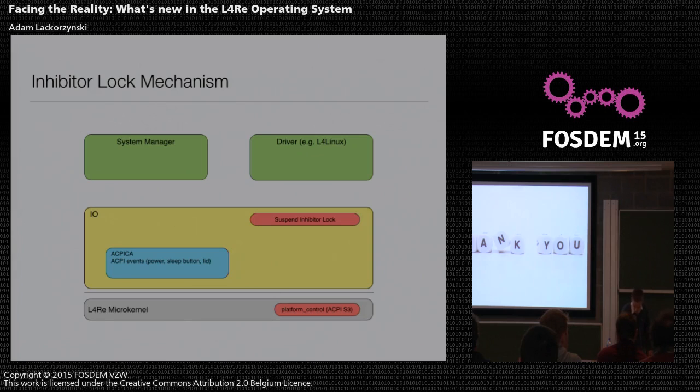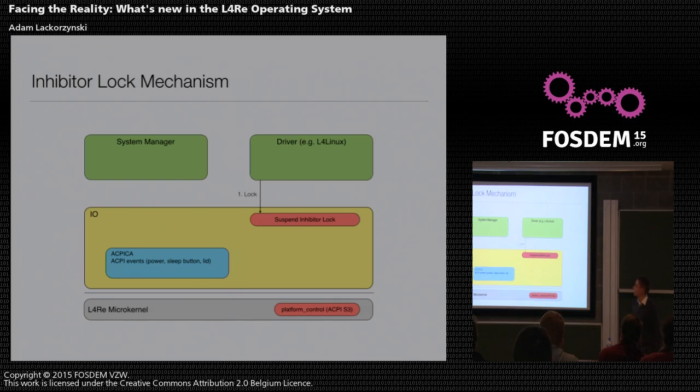And the first question was regarding how power management and suspend work. As I mentioned, we implemented something called inhibitor locks, and in the microkernel there is a new object called the platform control, which in the end will suspend the system to RAM.